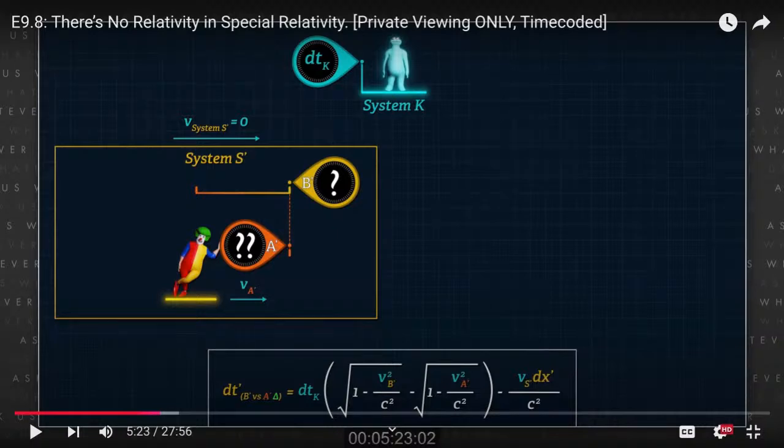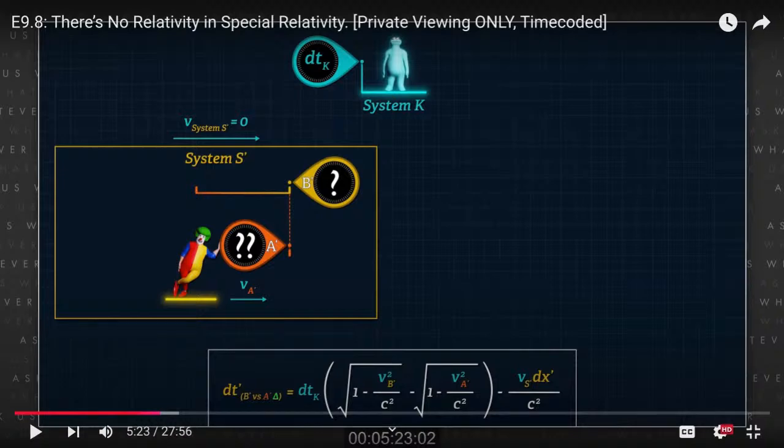And remember that Einstein believed that these clocks in system S prime will beat at the same tempo as the clocks in system K if system S prime is stationary relative to system K. But if system S prime is moving relative to system K, then Einstein proposed that these clocks will beat at a slower tempo by the Lorentz factor.